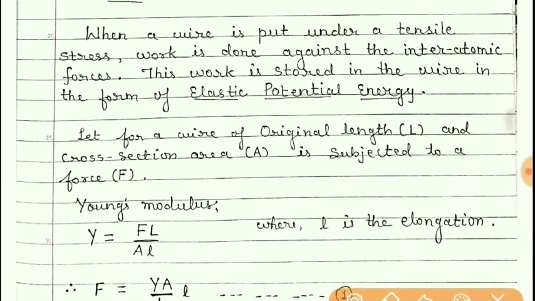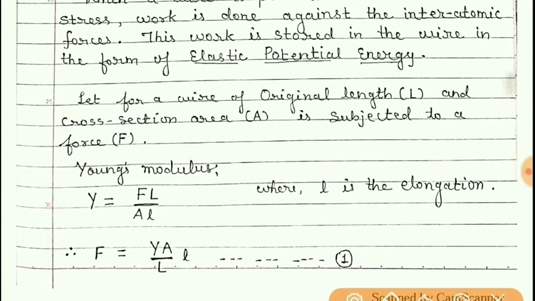Now students, whenever there is a change in length of a linear object, there is always a Young's modulus present. So here also the concept of Young's modulus will be used.